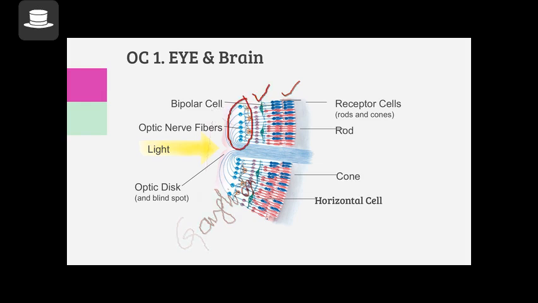So when light enters through the pupil and the lens, it goes through the bipolar cell layer, the ganglion cell layer, the bipolar cell layer, and eventually it reaches the photoreceptors. And because the bipolar layer and the ganglion cell layer are not sensitive to light, nothing happens there.